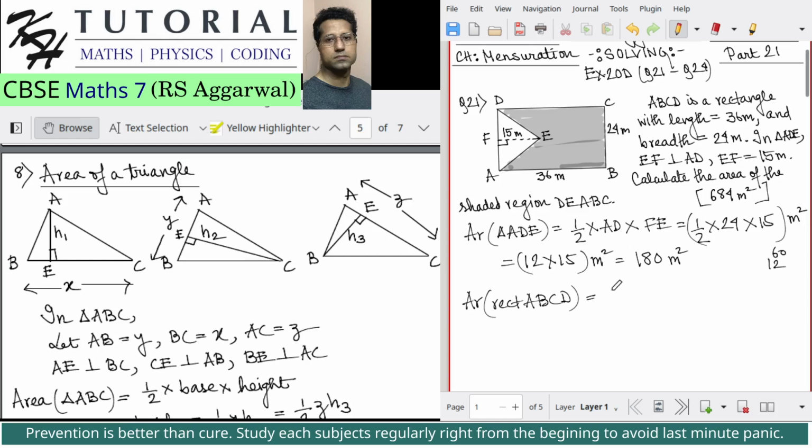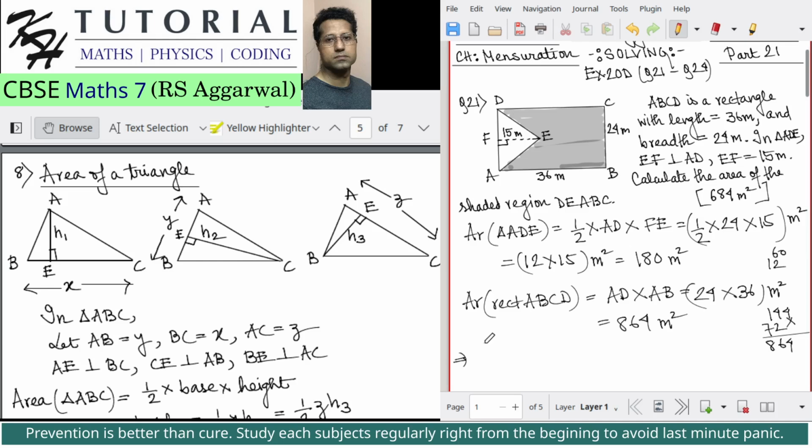So this will be AD multiplied by AB, which is equal to, AD is 24 and length is 36, this much meter square, and this is equal to 864 meter square is the area of the entire rectangle.